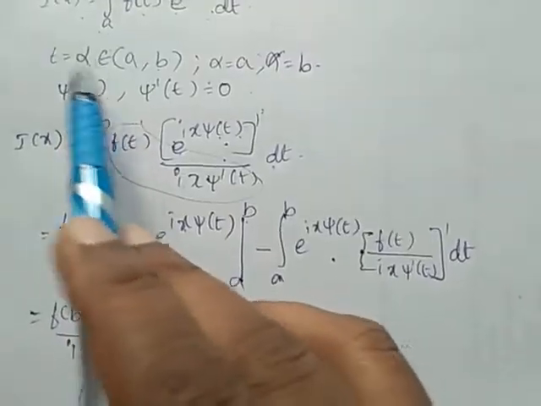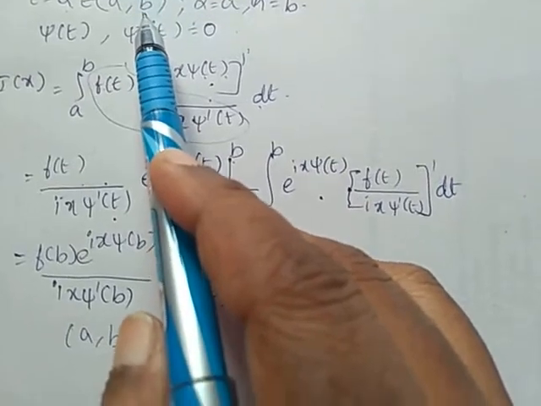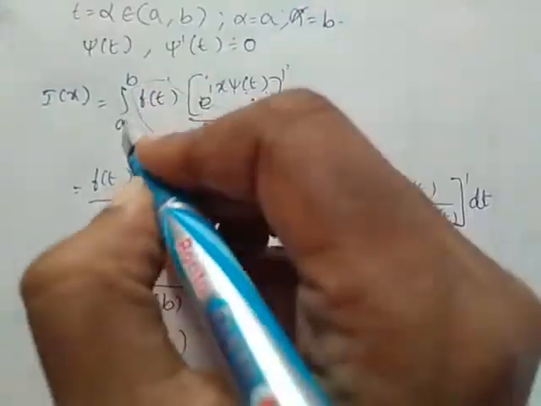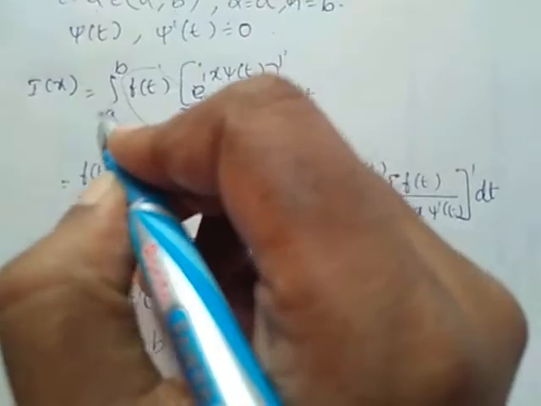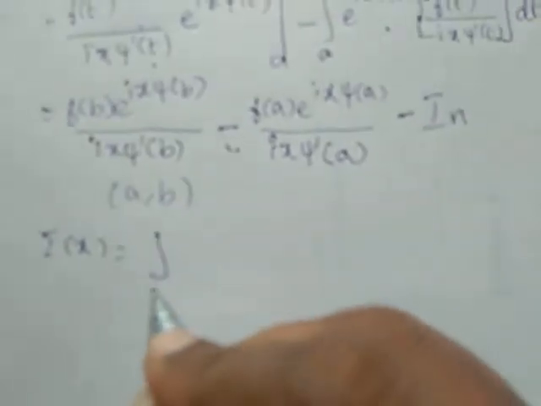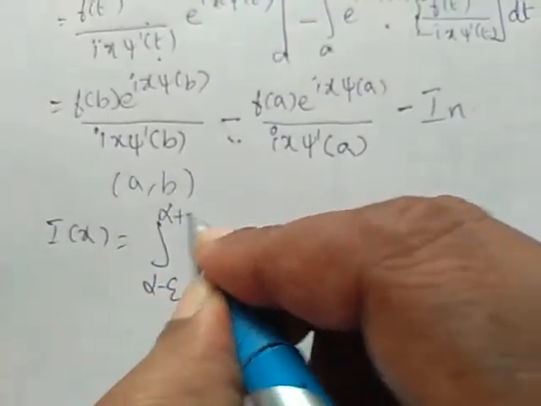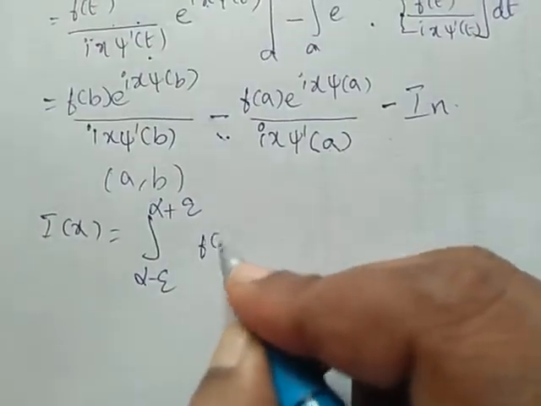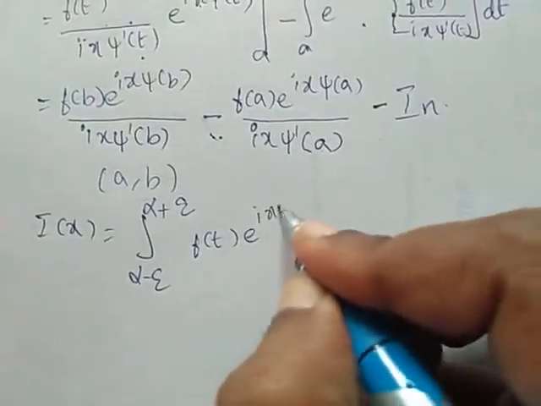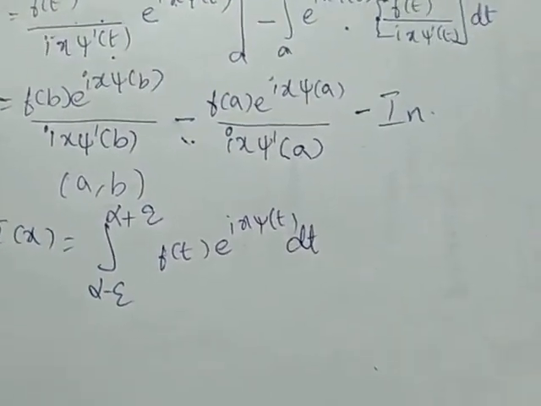Whenever t equal to alpha belongs to a comma b, we will integrate this as, I hope you remember, I of x equal to the integral from alpha minus epsilon to alpha plus epsilon of f of t e power i x xi of t dt, where alpha is our stationary point.